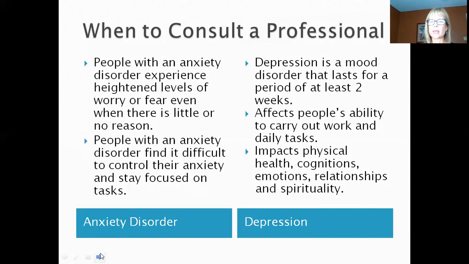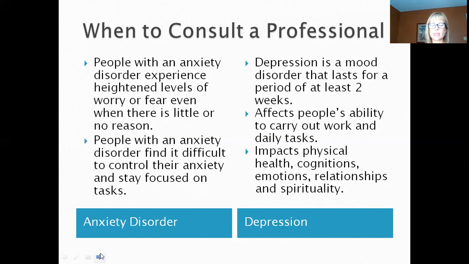Now, depression is a mood disorder, and it's something that lasts for more than 2 weeks. And it affects a person's ability to carry out work, daily tasks, school, and it also affects the whole person. So with either of these, we're looking for a dramatic change in behavior that lasts for a period of time, at least 2 weeks, and is interfering with that child's ability to form relationships, if you will, and to just carry out the functions of their everyday life.